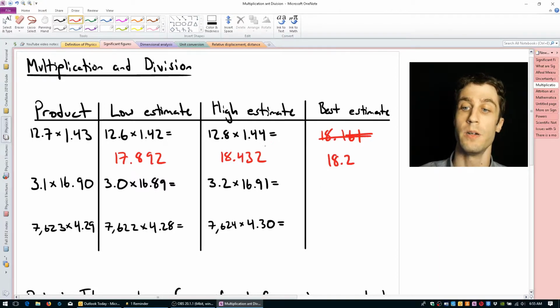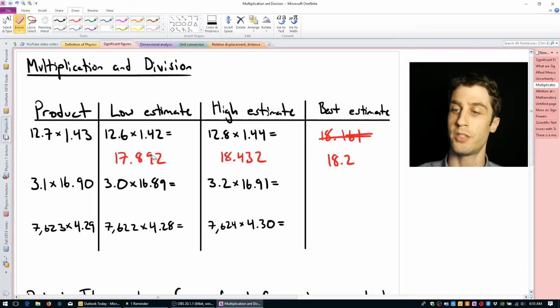Okay, so we only keep 3 significant figures. And again, the reason why is because 18.2 is about halfway between 18.4 and 17.9, but these 2 values disagree on that 3rd digit, and so that's why we keep it only up to 3 digits here.